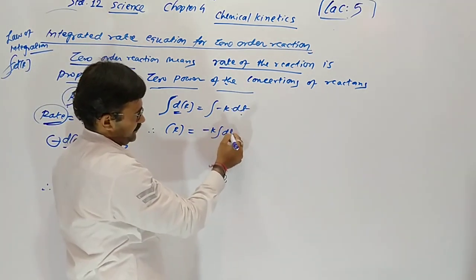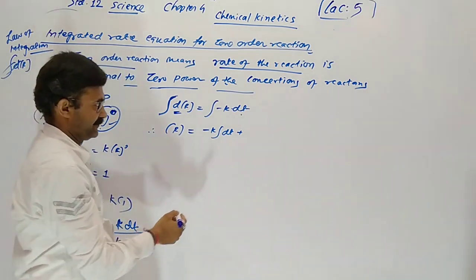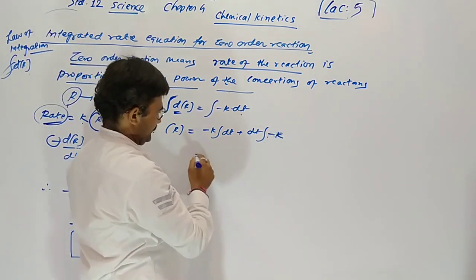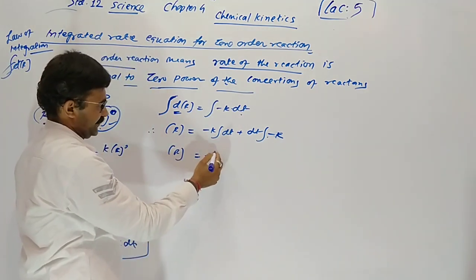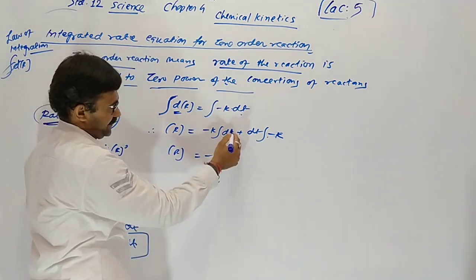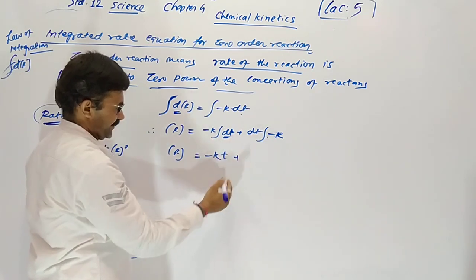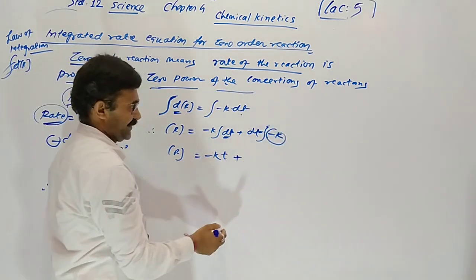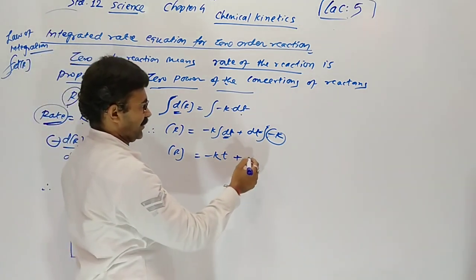K is constant, so the integration of k into dt: integration of dt gives t.